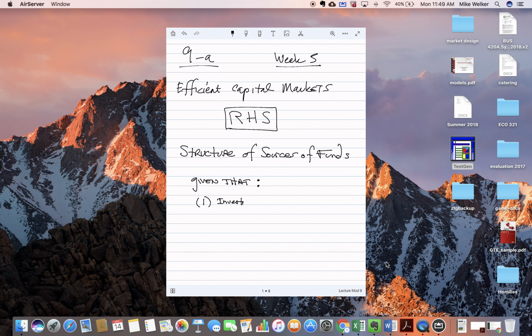That makes it a little easier for us to isolate the issues related to our right-hand side. And we're going to hold dividend policy constant. Again, investment and dividend policy decisions can change the firm value, and so we want to hold those decisions constant to isolate the impact of the capital structure decision on the value of the firm and thus on shareholder wealth.